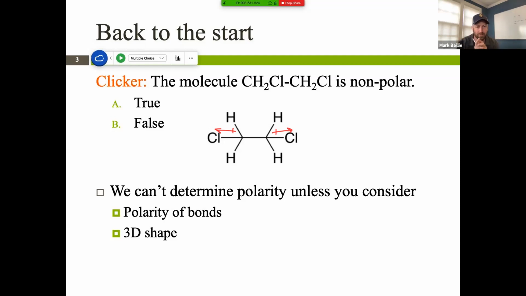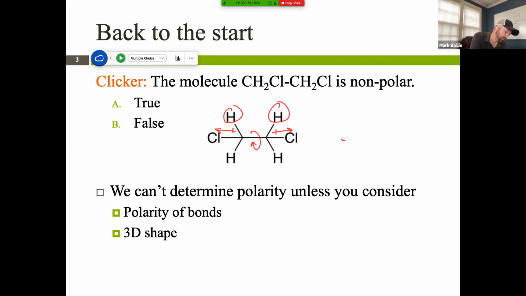There's one caveat though in this question that we're forgetting, and it's exaggerated by the way I drew it. So I did this on purpose. What's to say that I couldn't have drawn the chlorine up here? That I couldn't have drawn both the chlorines at the top, in which case it wouldn't be symmetric anymore. So we have to remember that this central bond, a single bond between two carbon atoms, spins completely freely.